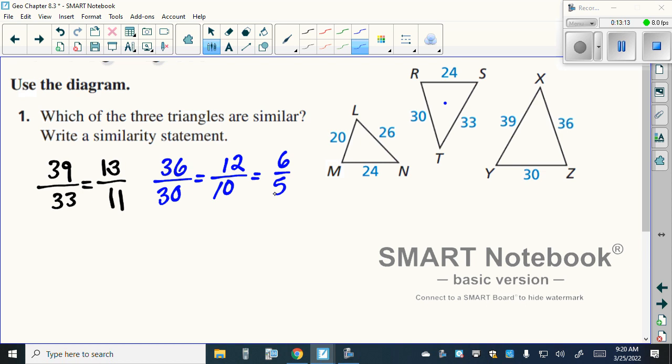Okay, they're not similar. And we can stop there because the scale factor, how these sides compare for all 3, have to all be the exact same. So as soon as I hit 2 that aren't, they're not. So we know that these 2 are not going to be similar.